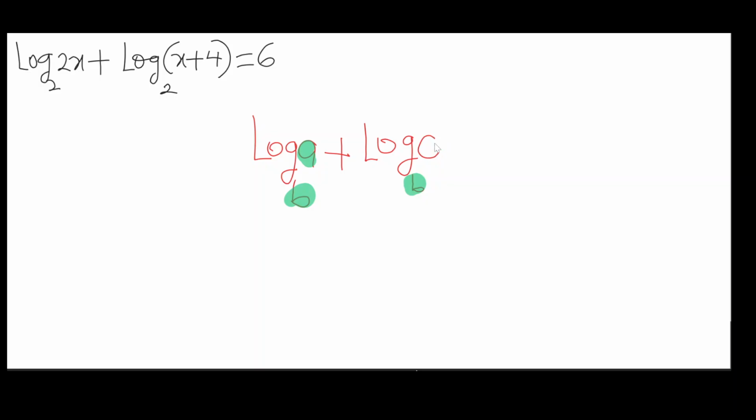Now, when we have a situation like this, take note of something. When there is a plus between both logs, and both logarithms have the same base, what we are going to do is write one big logarithm having the same base b, but this time we are going to be multiplying the arguments.